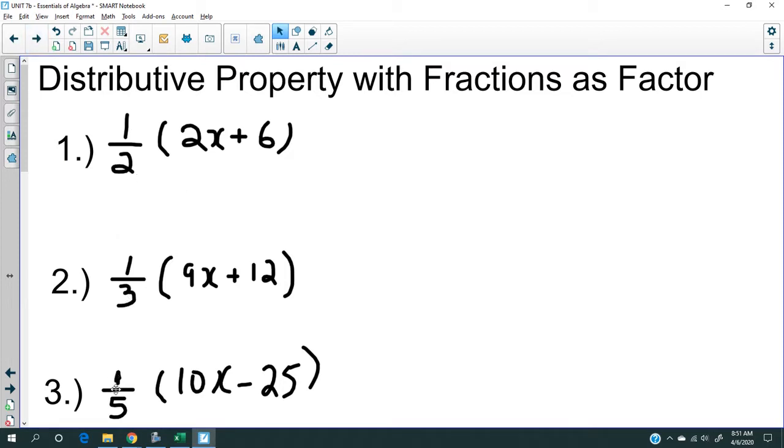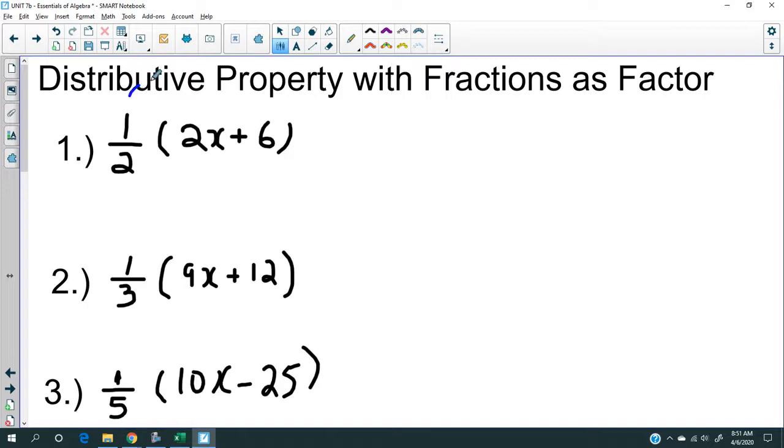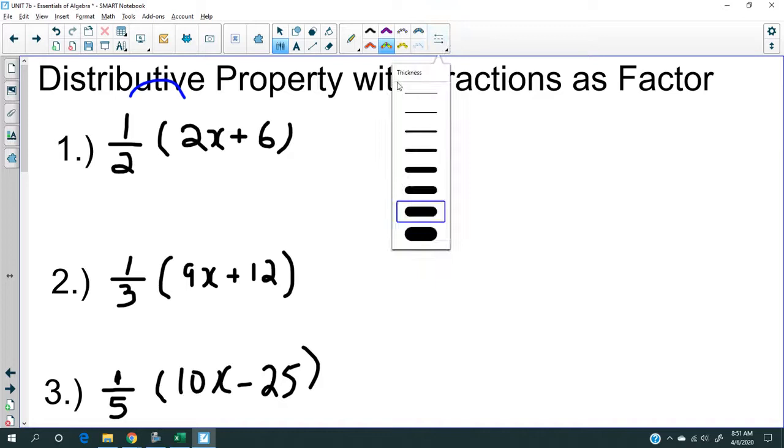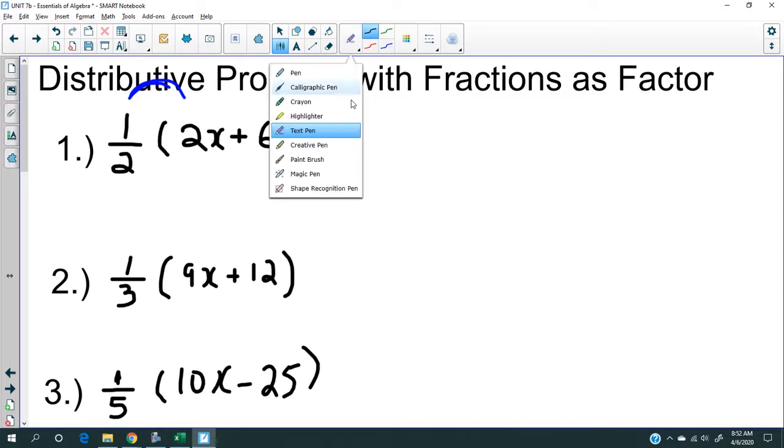That number on the outside, they're all fractions, which occasionally will happen, not that much really, not in 6th grade at least. But I think it's good for you guys to at least have seen it and try to do it. Now, technically, nothing new here because, what happened to my rainbow? Oh, nothing's changing?